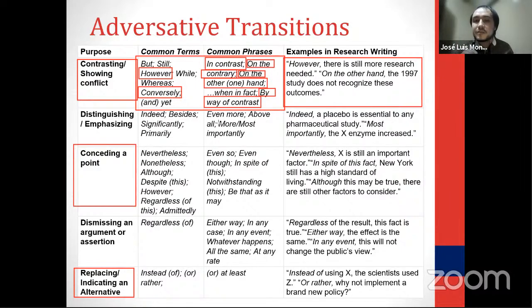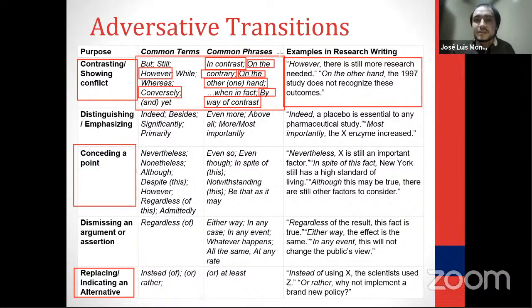So you have, for example, this is very interesting. On the other hand can be composed of two parts. You can say first, on the one hand, the first idea, semicolon or period. On the other hand, the second contrasting idea.